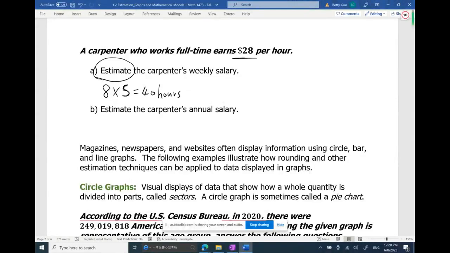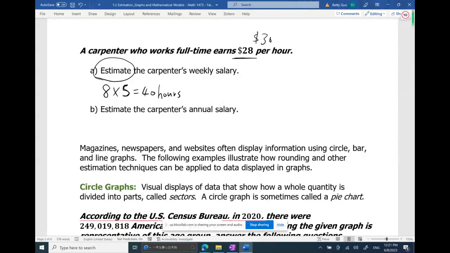However, we want to get this calculation done in our head without using a calculator. To make that happen, we want to change the number, or round the number, to a convenient number. So instead of using $28, let's use $30.